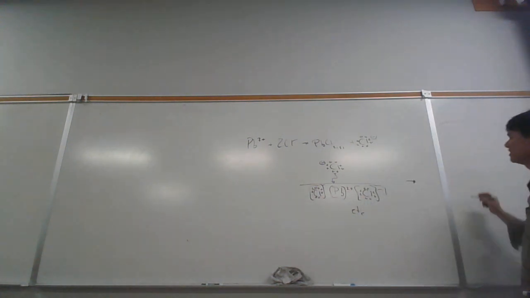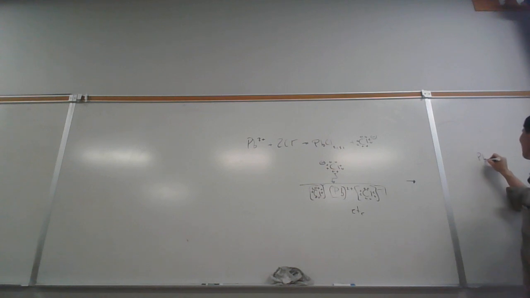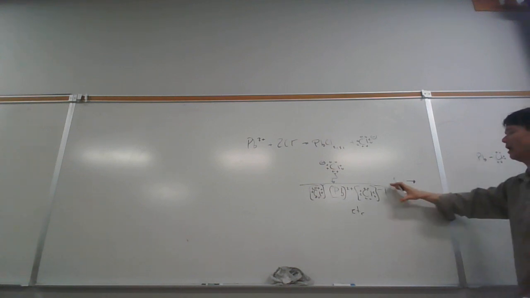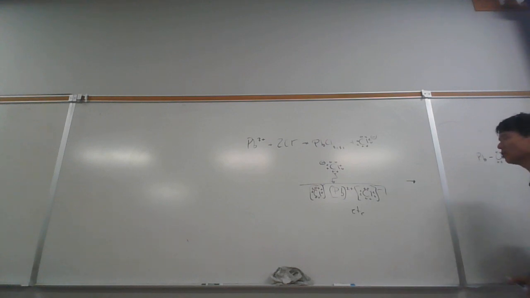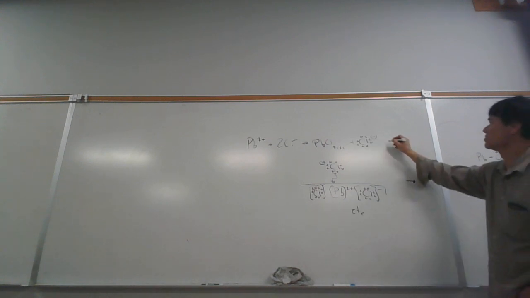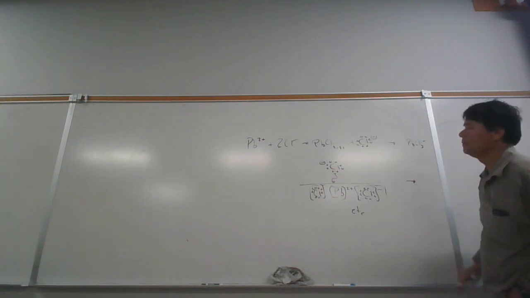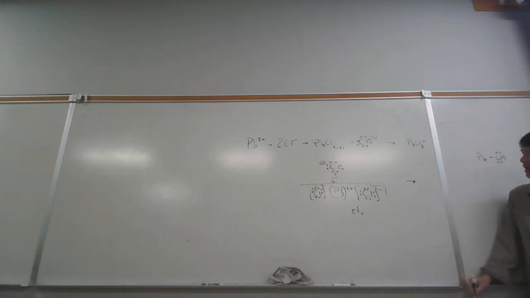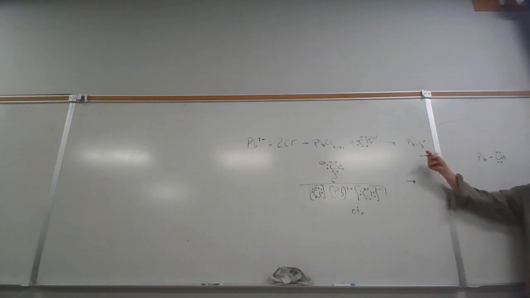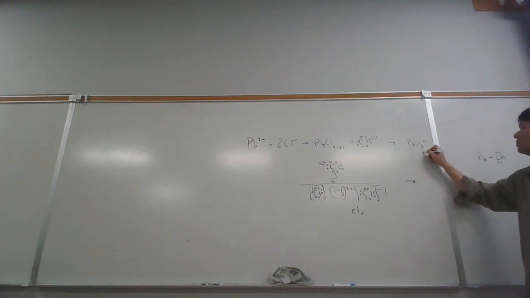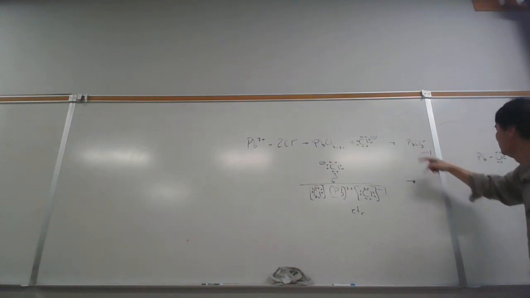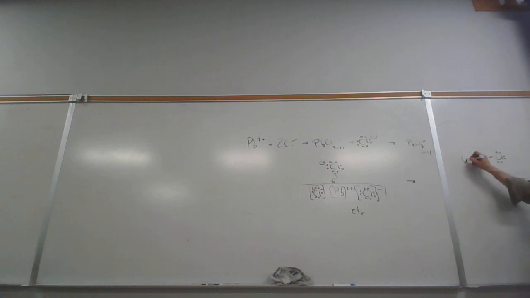And what forms is this. Now, this is kind of weird, because I went from an ionic lattice. Too much chloride is going to break this apart and dissolve the lattice. We're going to end up with PbCl3 minus. PbCl3 minus is a complex anion, and this complex anion is actually aqueous, and so we break apart the lattice and form these. These complex ions, like this, are written with covalent bonds.